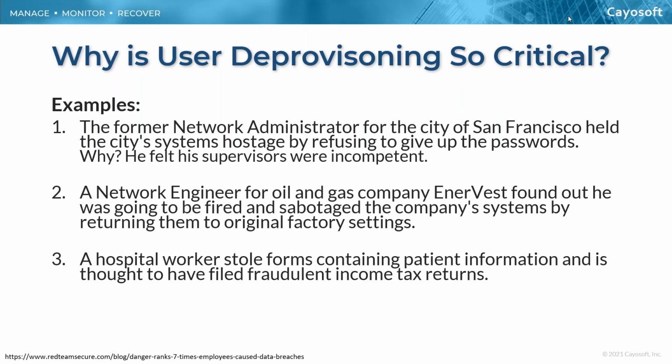You never know. A network engineer for a gas company found out he was going to be let go, and so he went to all the systems and rebooted them and used restore mode to take them back to their factory default settings. That's creative but damaging. And then this last one is really interesting. A terminated worker had stolen forms containing patient information and then filed a bunch of fraudulent income tax returns based on that data.